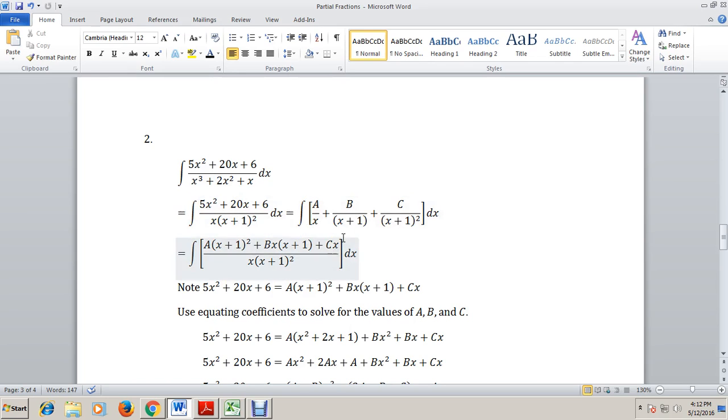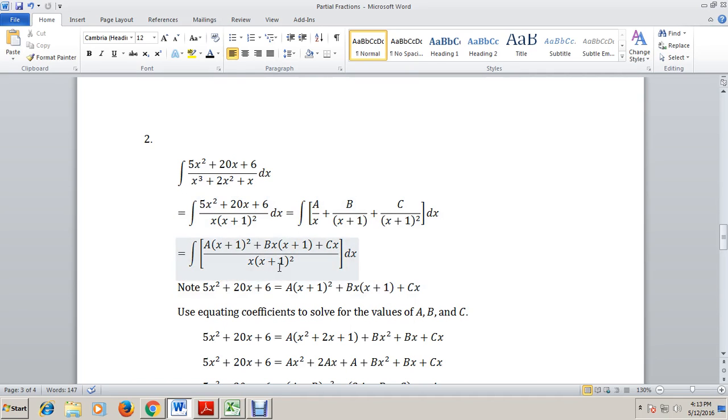Then plus our common denominator divided by x plus 1. That cancels one factor of x plus 1, leaving another x plus 1 as a factor, and x, multiplied with b, so that we have bx times x plus 1. Plus, we have the least common denominator divided by x plus 1 squared. That would cancel x plus 1 squared, leaving x, multiplied by c, then we have c times x.